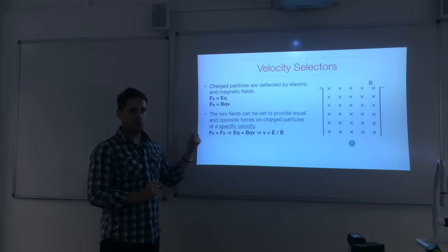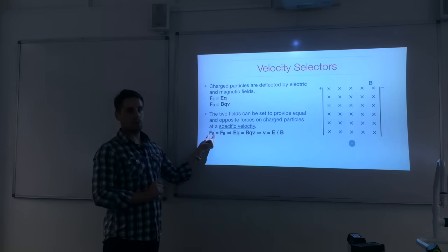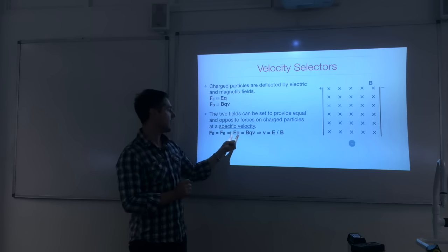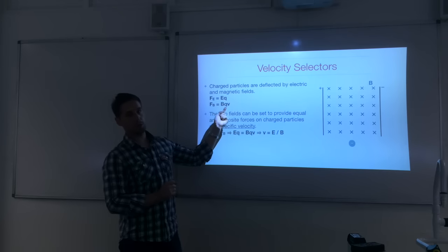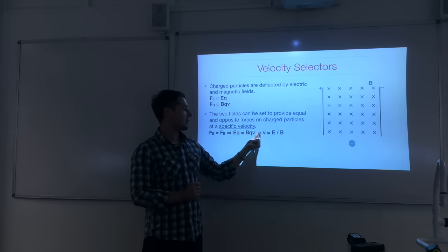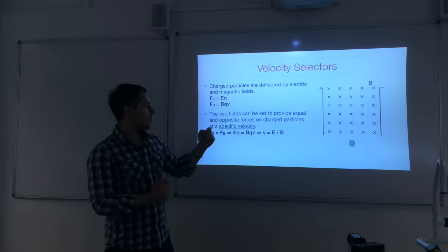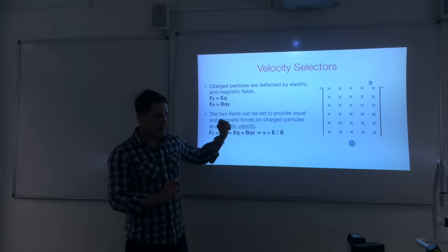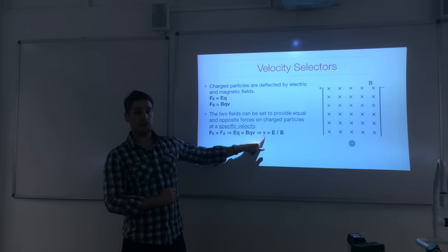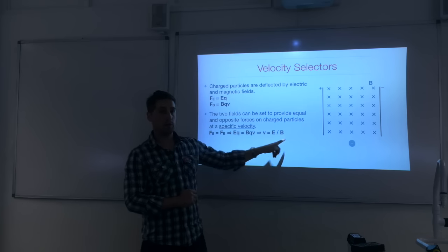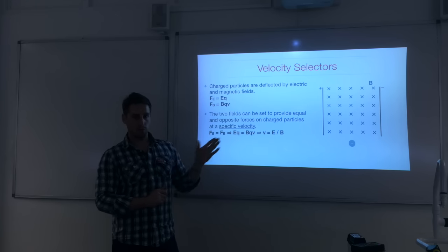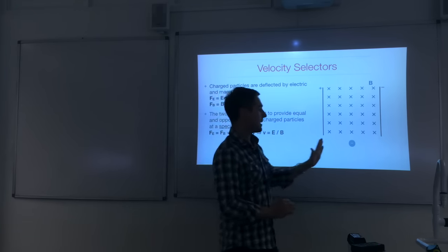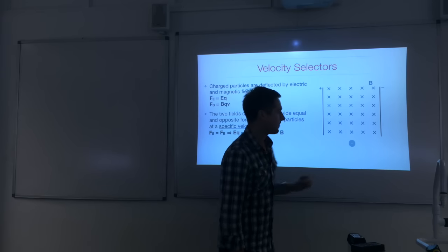So we've actually got both at the same time. If we are able to exert the same forces, electric and magnetic, on a charged particle, then we know that EQ is equal to BQV. And so any particle moving at this velocity, which is equal to E divided by B, because the Q is divided out here, those particles will experience the same force.